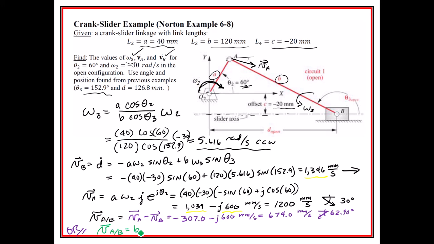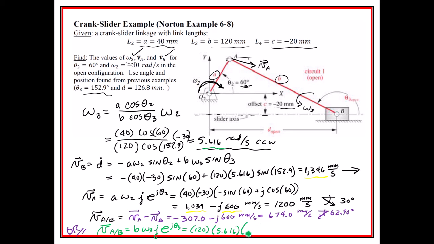Okay, we could also use VA with respect to B, which is going to be B times omega 3 j times e to the j theta 3. And of course, we could take that. It's going to be 120 times our omega 3, which we found up here, is 5.616.